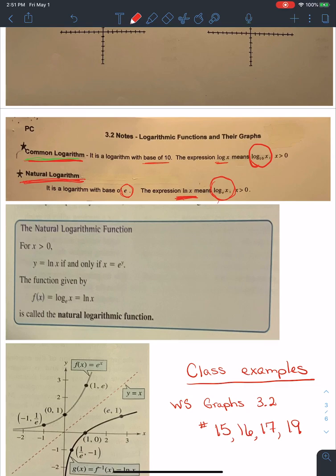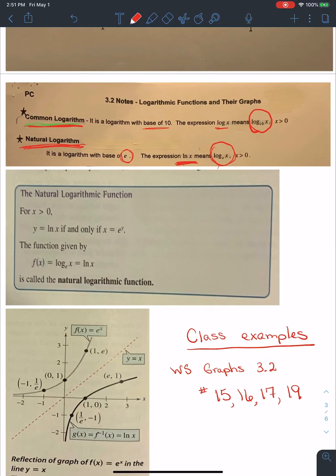They mean exactly the same thing. Looking at this definition, if x is greater than 0, then ln of x equals y if and only if x equals e to the y.